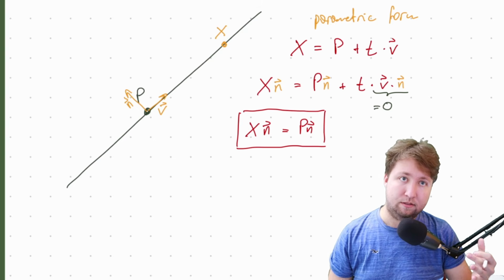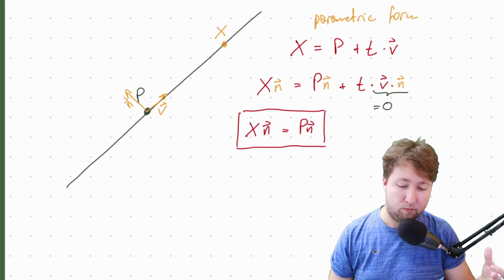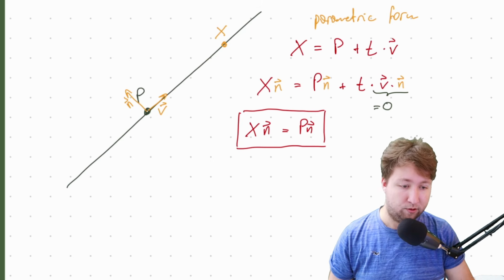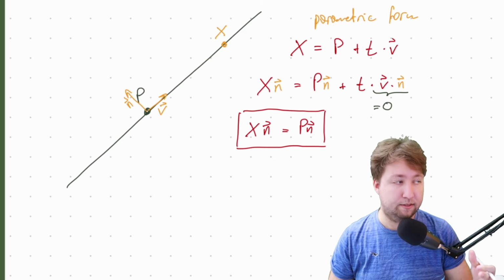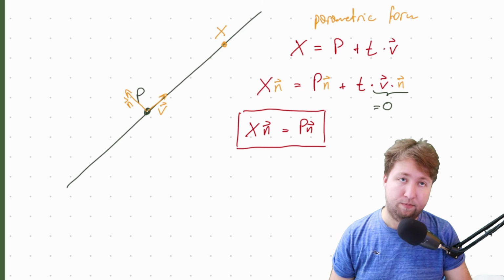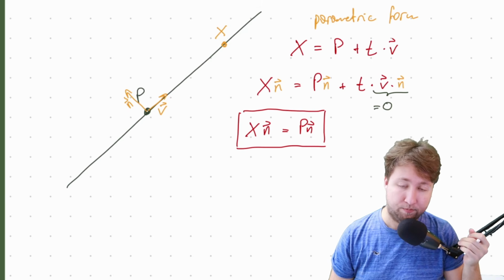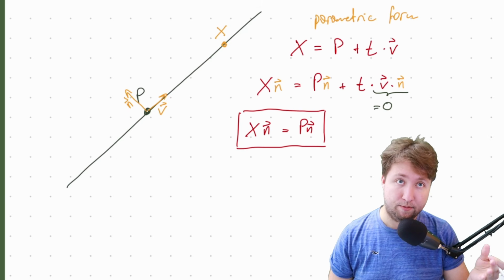The neat trick that allows us to easily tell whether a point is on one side or the other side of the line comes from exactly this equation. Because here's what happens. If we take any point on the line and form the dot product with the normal vector, then we get the same number.